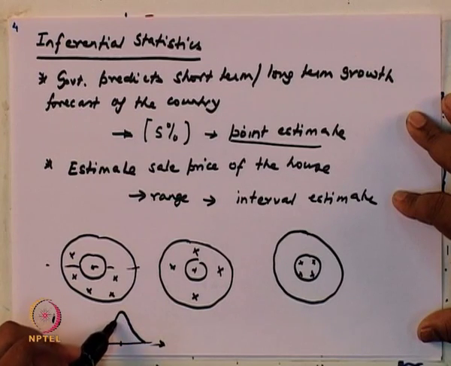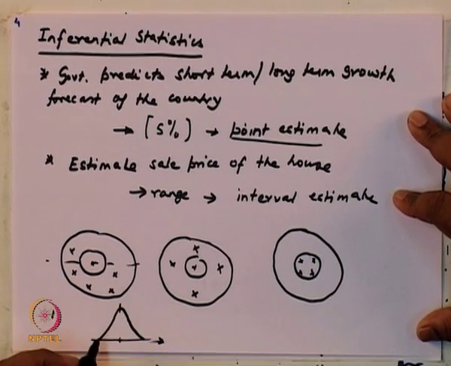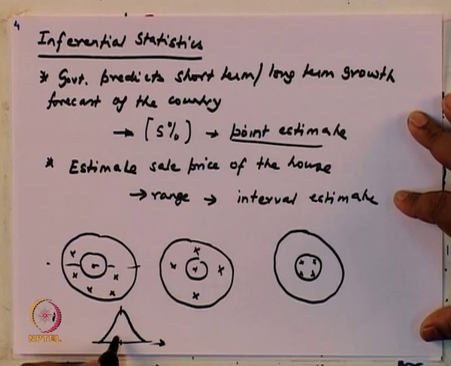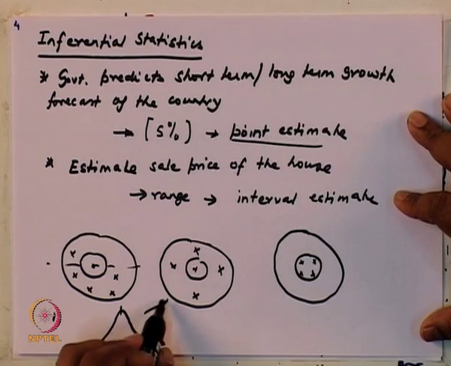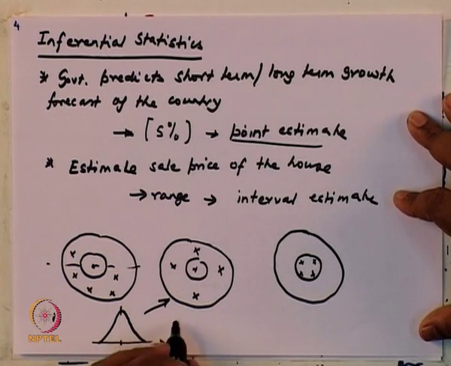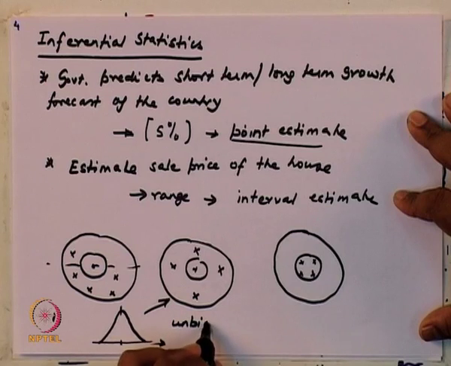In other words, it has equal chance of predicting slightly higher or slightly lower values. So this kind of an estimator is an unbiased estimator.